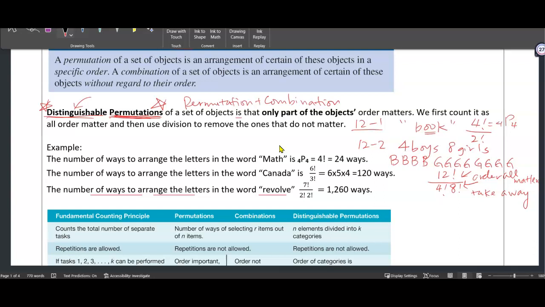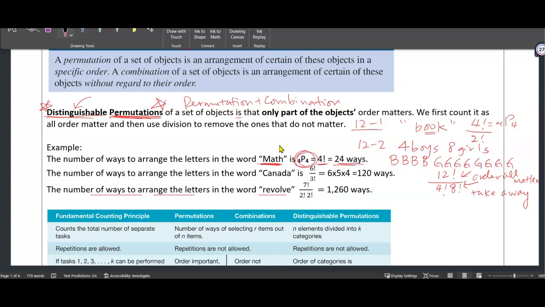The very obvious example is rearranging the letters in a word when there are repeat letters. Math itself doesn't have any repeat letters, so it's all permutation. This is not a distinguishable permutation because none of the letters have order not mattering. So this is 4P4, 4 permute 4, the same as 4 factorial, and that is 24 ways.